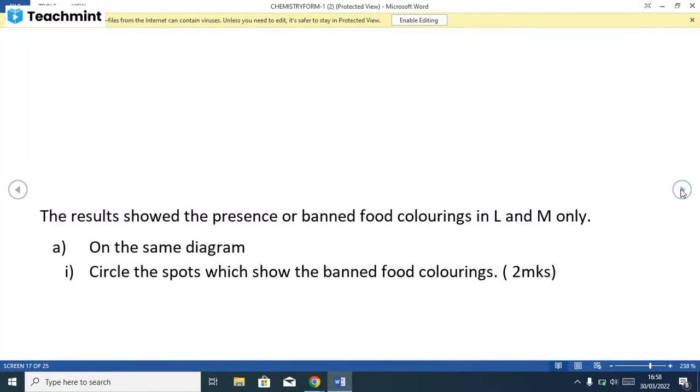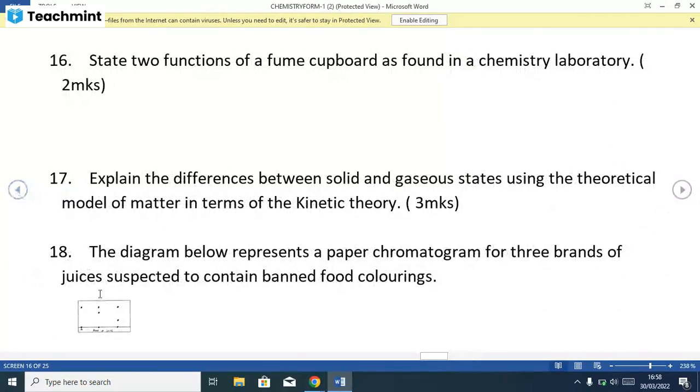On the same diagram, circle the spots which show the banned food colorings. Although it is very small, just look at the one that corresponds. It's very small.